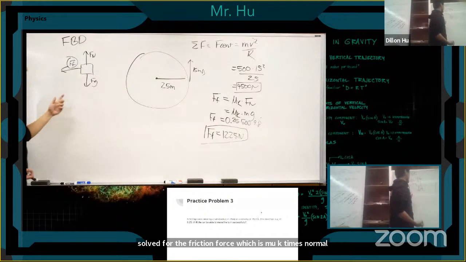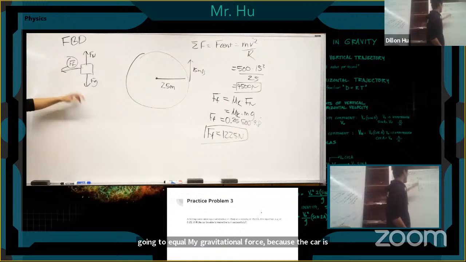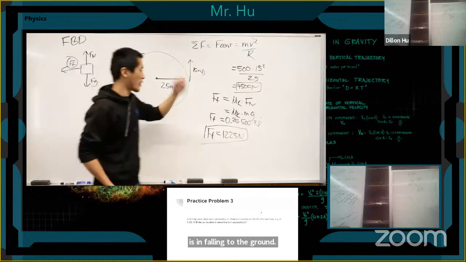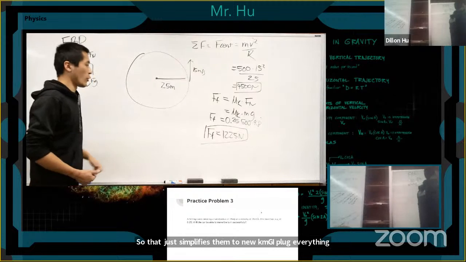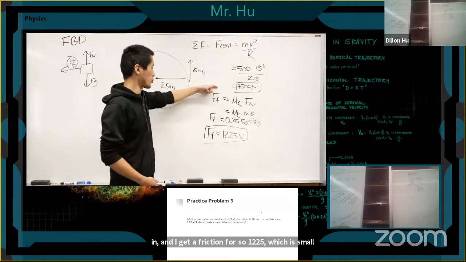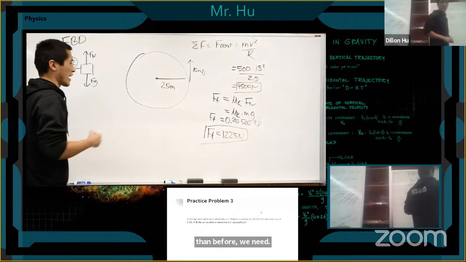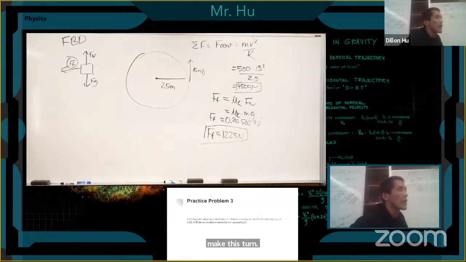The normal force in this case is going to equal my gravitational force because the car isn't falling to the ground, so the ground needs to support the car. That simplifies into mu k times m times g. I plug everything in and get a friction force of 1,225, which is smaller than the force we need. So unfortunately, the car cannot make this turn because it is moving too fast.